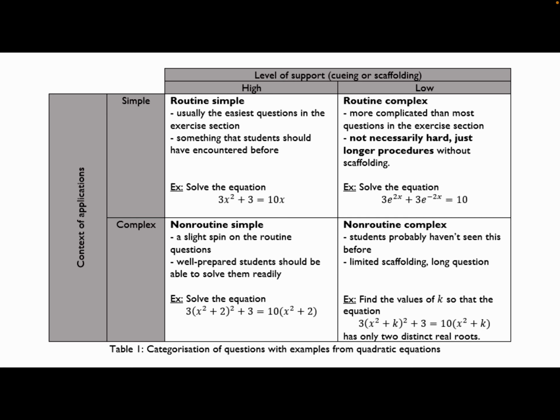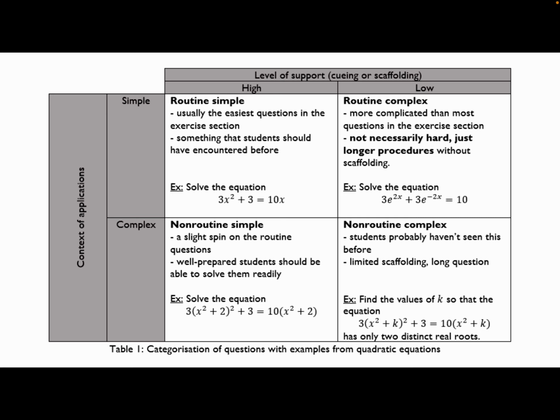Okay, so when students see this question, which probably appears somewhere at the end of the exam, the first thing I do is think, okay, what's this question about? Quadratics? Yes. But only two distinct real roots, what does that mean? So it might have something to do with discriminants, perhaps.